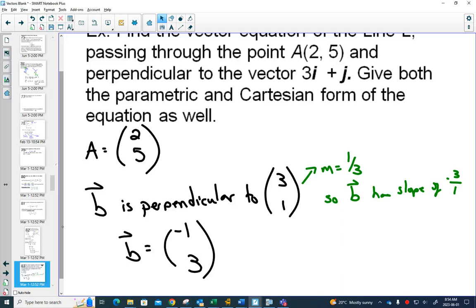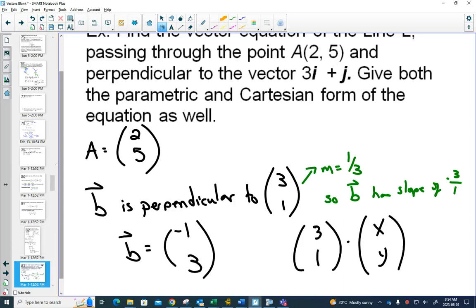Okay? What are other things that we've recognized? Well, we could use a dot product and say, I need to take 3, 1 and multiply it by something so I get 0. And it doesn't matter what that something is. So for example, if you chose x to be 2, can you see that y would have to be minus 6 for the dot product to be 0?